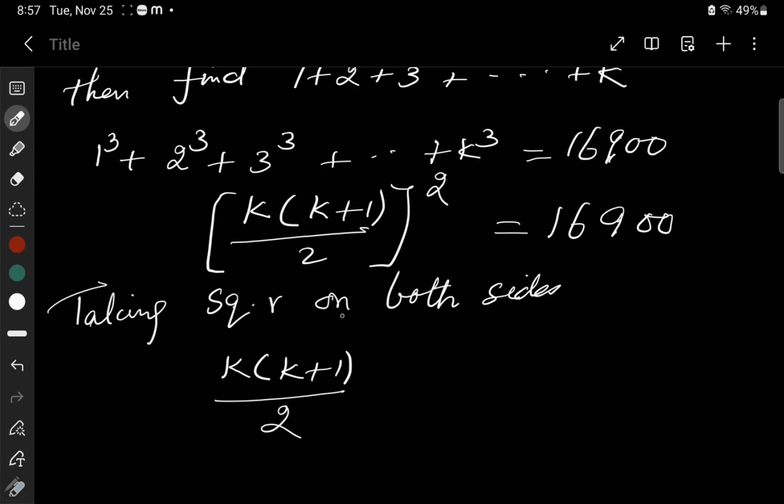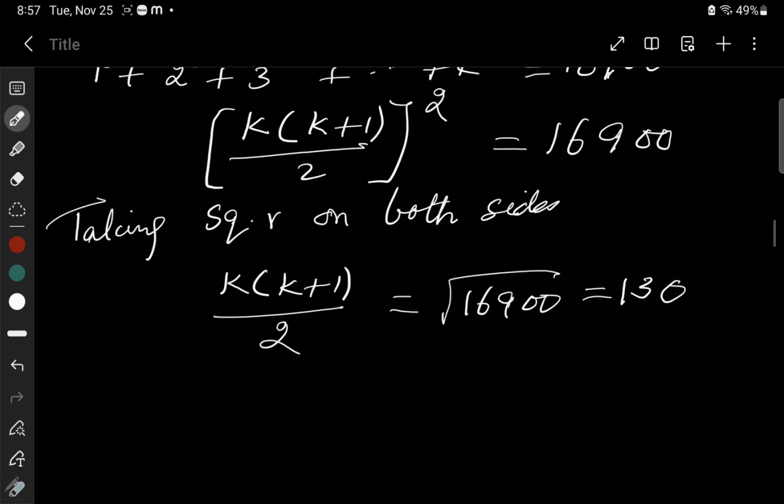If you take the square root, the square goes off. What is the square root of this number, 16,900? For 2 zeros you will get 1 zero. 169, the square root of 169 is 13.